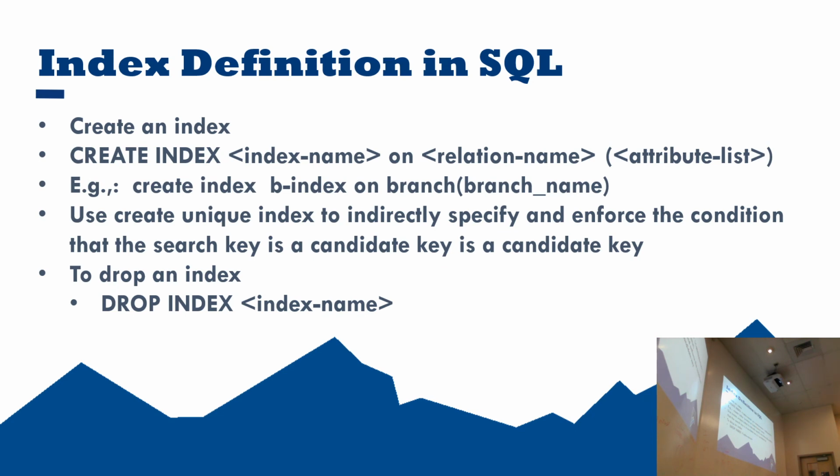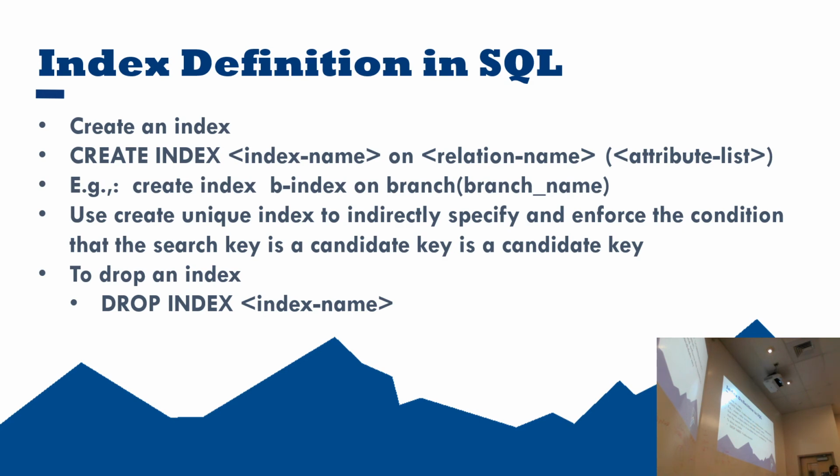Here is an example. Create index, they're calling it B index, on the branch table, and the attribute they're using is what? Branch name, exactly right. You can say create unique index if you want to. You don't have to, but you can.